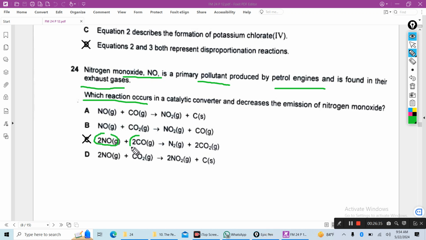Nitrogen monoxide and carbon monoxide react to produce nitrogen, a harmless gas, and carbon dioxide, a less harmful gas. So in a petrol engine catalytic converter, the harmful gases react and produce nitrogen and carbon dioxide. So C is the right answer.